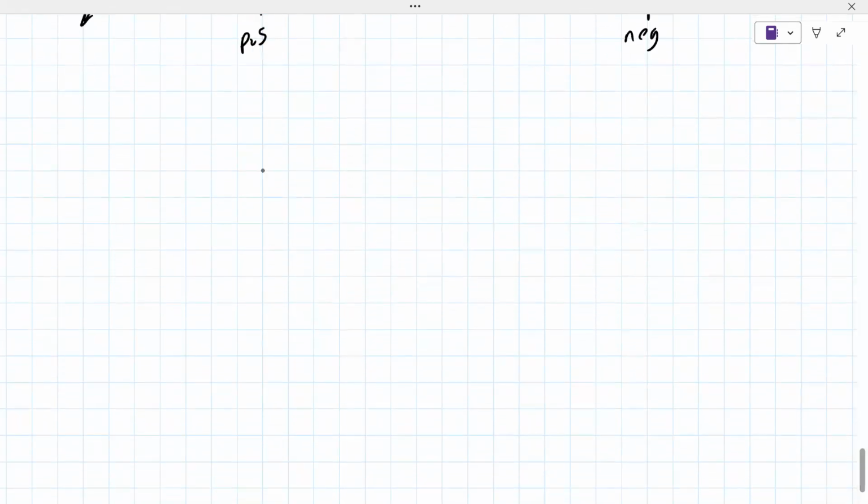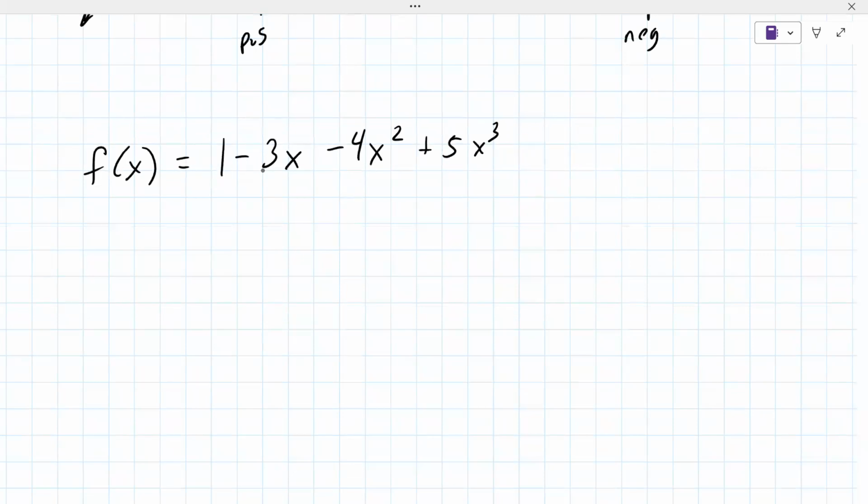Okay, so here's a new one. Let's say f of x equals 1 minus 3x minus 4x squared plus 5x cubed minus 6x to the fourth. What is the degree and what is the leading coefficient?